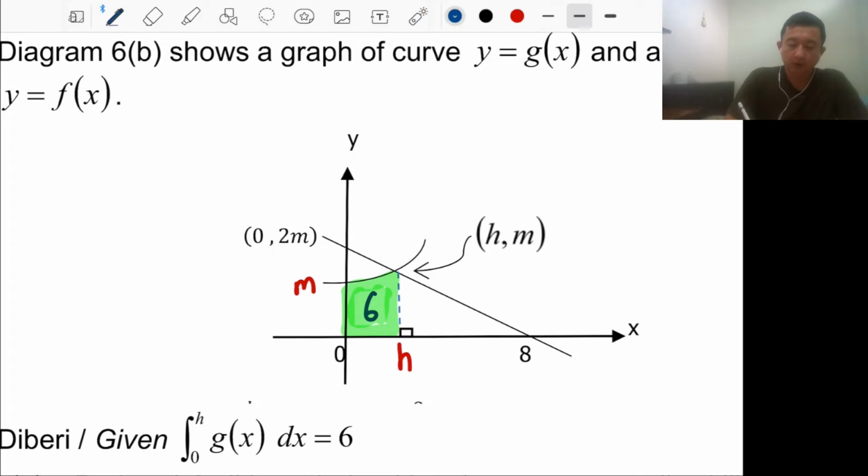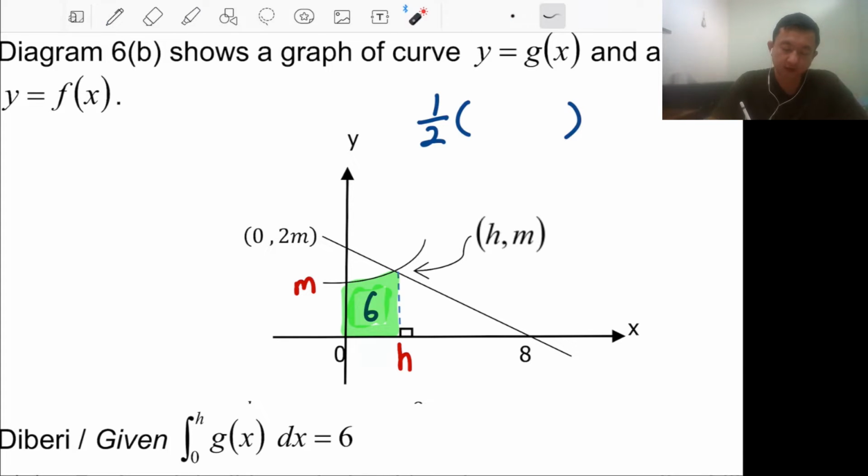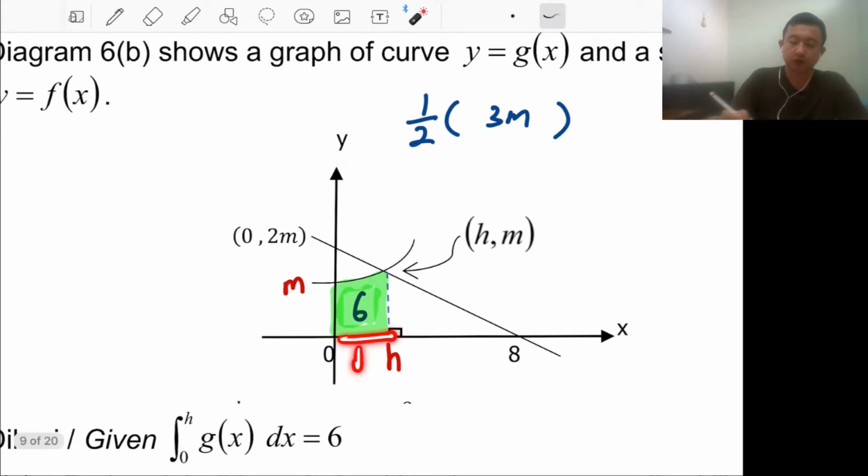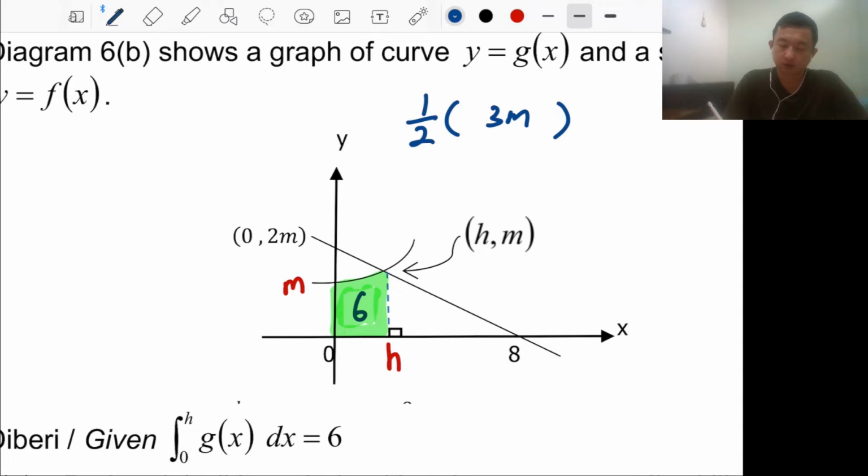So 1 over 2 for the area of a trapezium, the sum of the parallel lines. What is the height here? m. What is the height here? 2m. So m plus 2m, 3m in total. The height between the parallel lines, h. Am I supposed to have h? Is it okay to have it in terms of h?